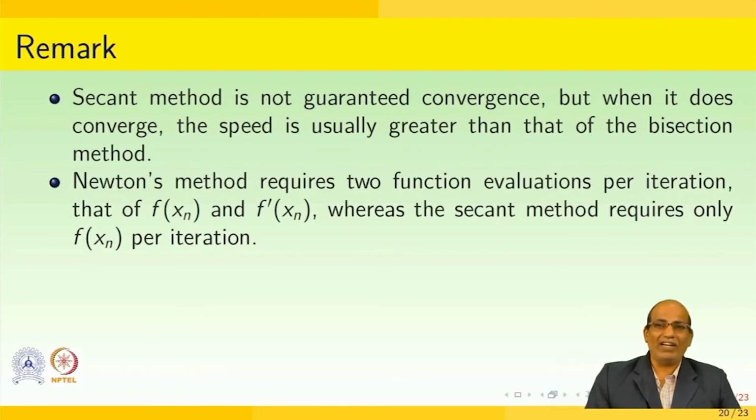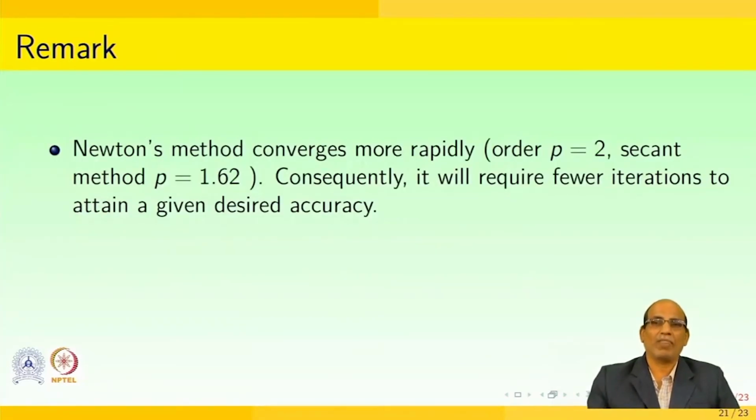Finding the derivative is very tedious. And second, if the denominator, that is f prime, happens to be 0, then we will not be able to apply Newton's method. So there are some limitations to this.